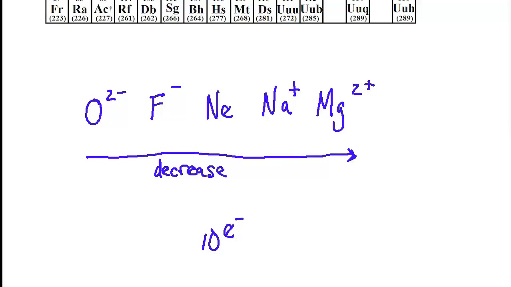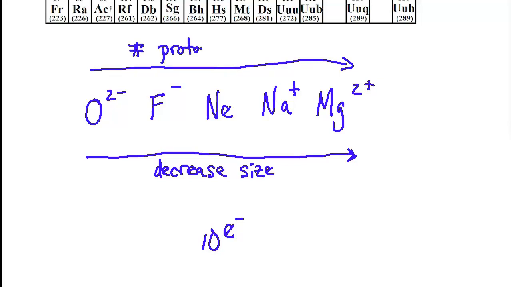That is to say, my anions, O2-, would be the largest, then F-, then neon, then sodium, then magnesium. I'm going to decrease in size as I'm moving along this way. And again, that's because what's increasing is the number of protons.